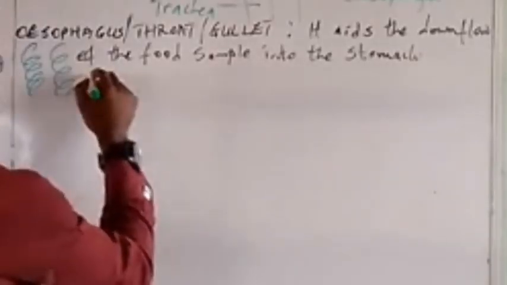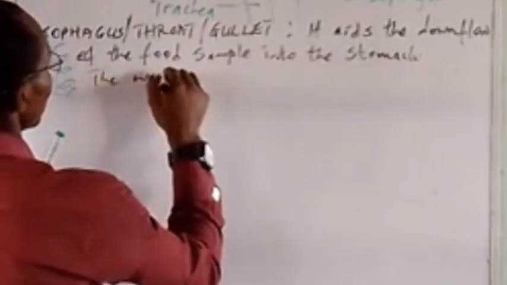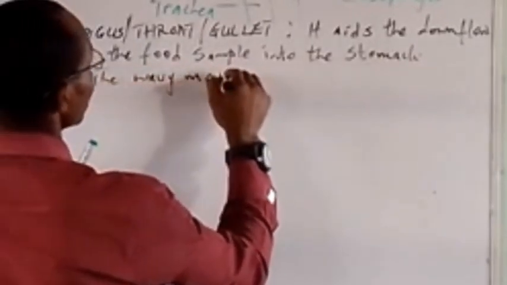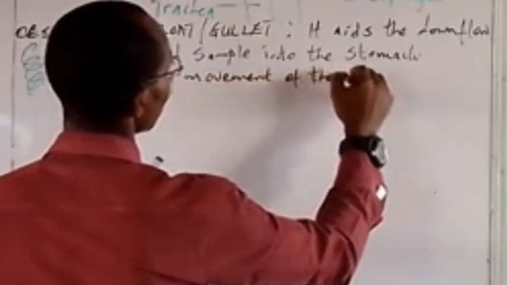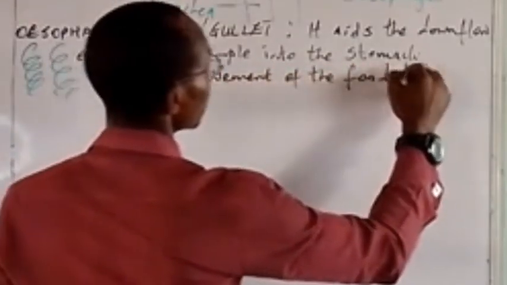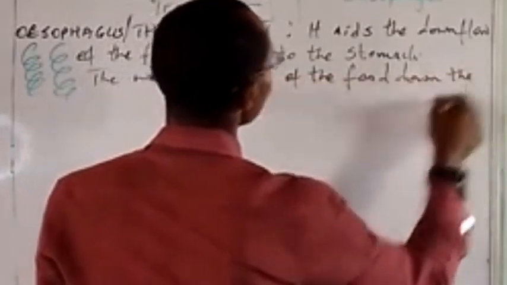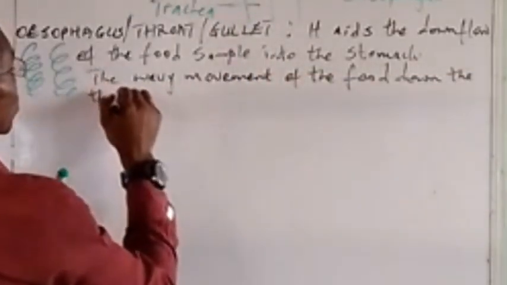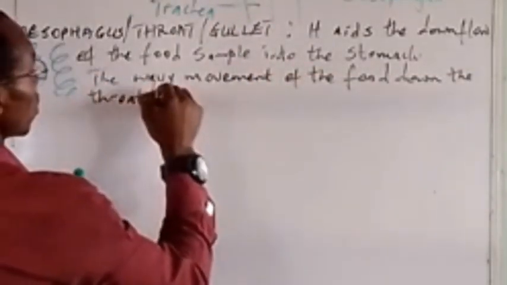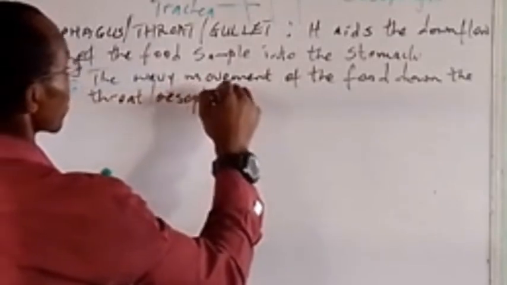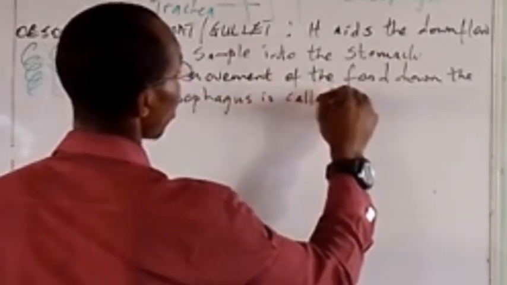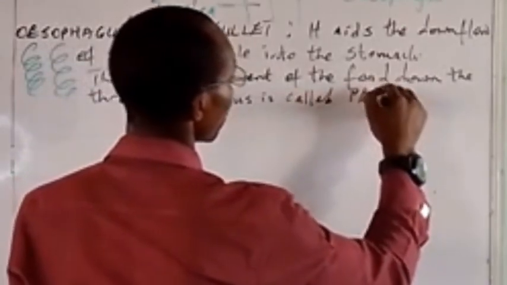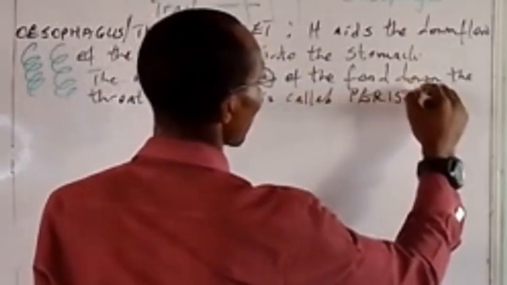So the wavy movement of the food down the throat, or oesophagus, is called peristalsis.